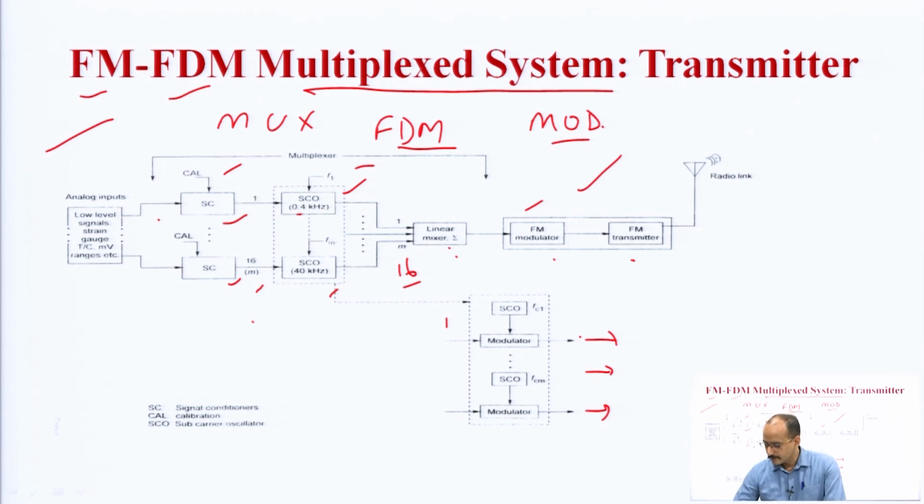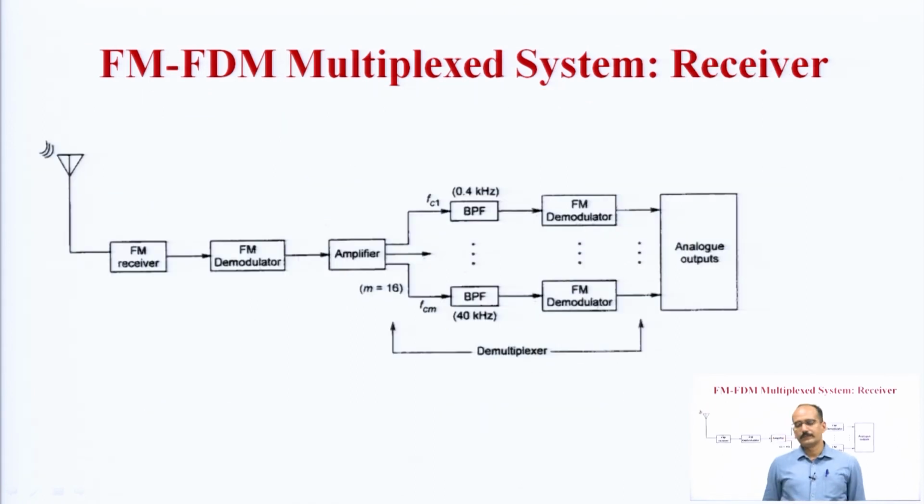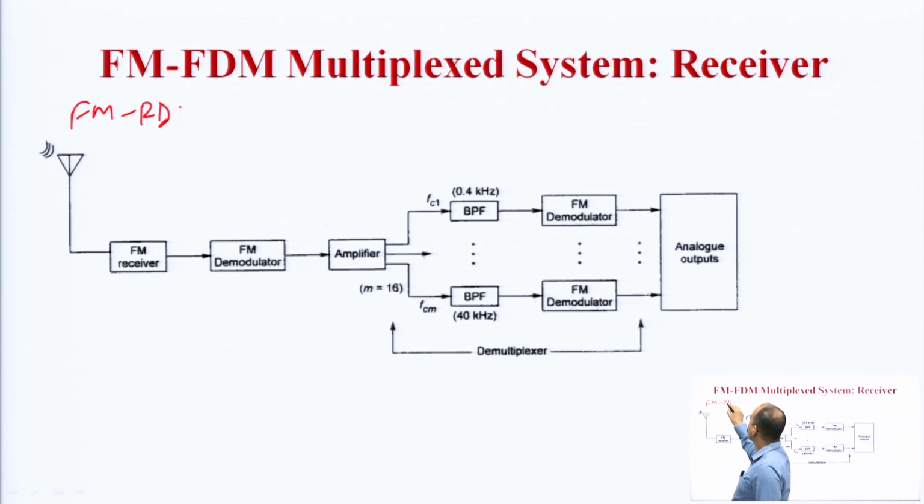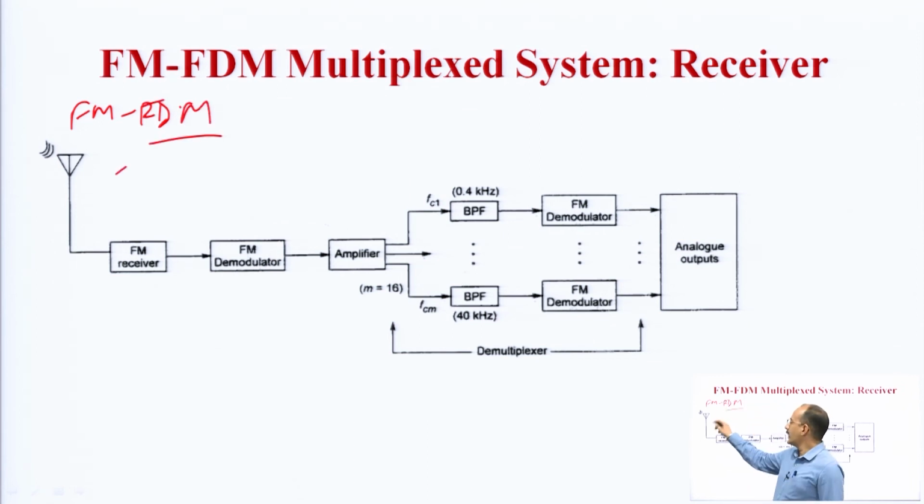Then we are going towards the receiver part. Here we are getting that FM-FDM signal. Here we are using an antenna. You all know that an antenna is an electrical, passive device which converts the electromagnetic waves into the electrical signal.